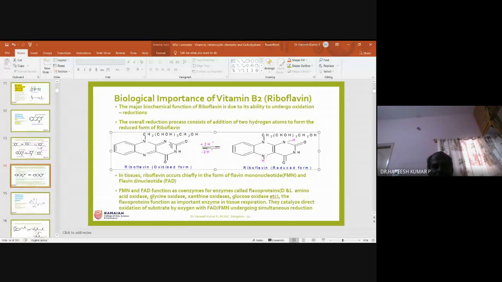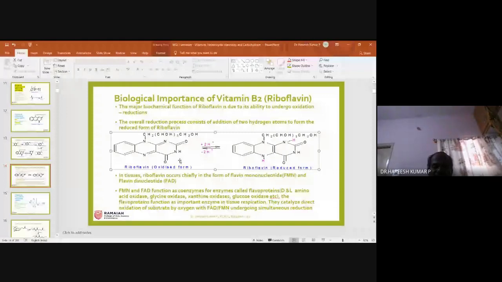Because of the presence of this bond nature, N double bond CH double bond N, this can accept two electrons. Once after accepting two electrons, it is converted into the reduced form. This reduced form can give two hydrogens to the substrate. It can also accept a hydrogen or proton from the substrate.